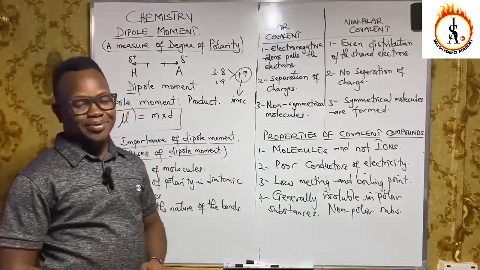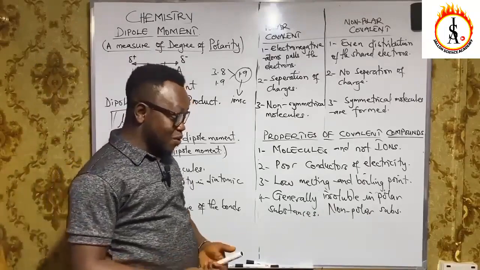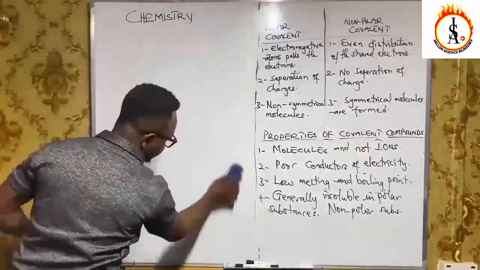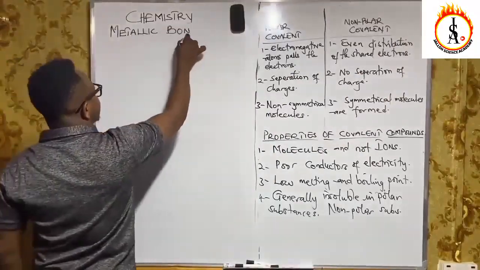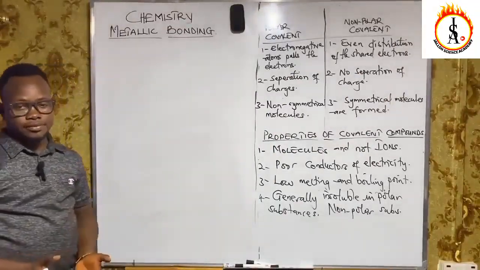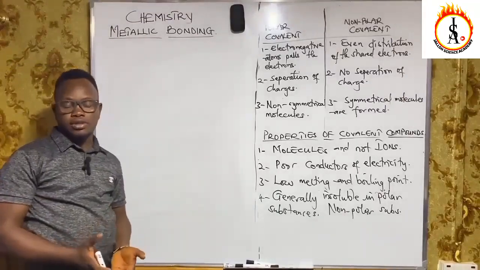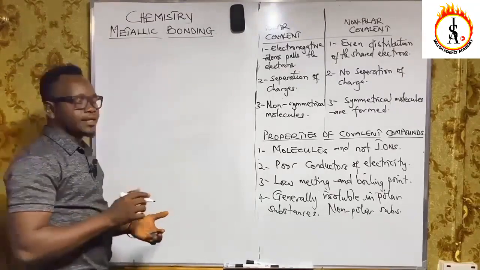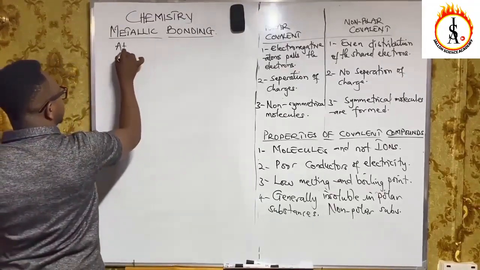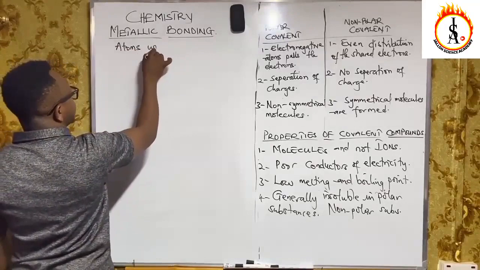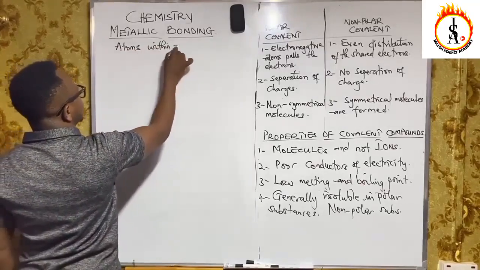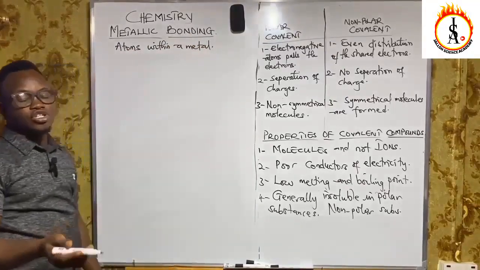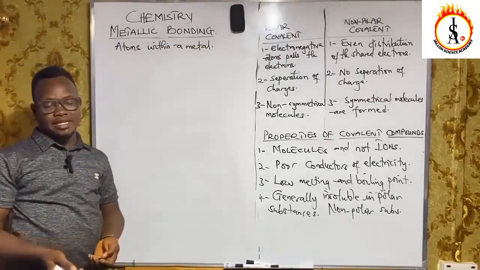So next up, we look at metallic bonding. Metallic bonding is a bond between atoms within a metal. So if you have atoms within a metal being bonded to each other, we refer to it as a metallic bonding.